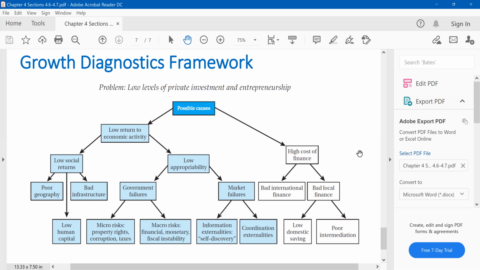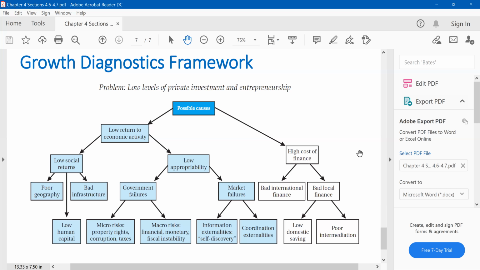Okay? Even if you had the factory, you may not transport your goods to the market or to the buyers, right? So there is this problem. Returns would be low because of these reasons. Bad infrastructure, there's no road, there's no bridge, there's no way to sail across the river, there's no way to ship your output to the markets.